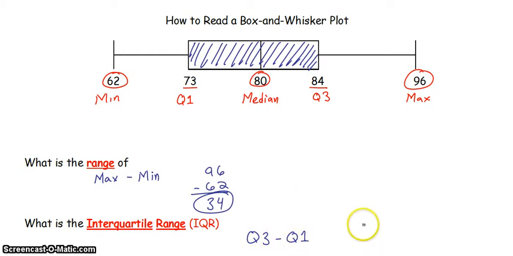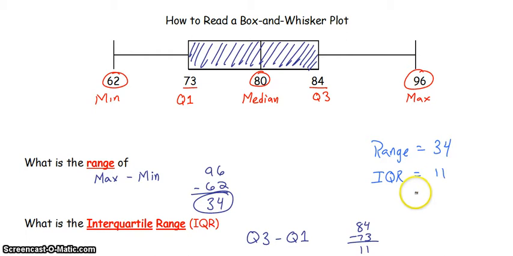For this data set, that's 84 minus 73, which gives me an interquartile range of 11. So for this data set, our range is 34, and our interquartile range is 11.